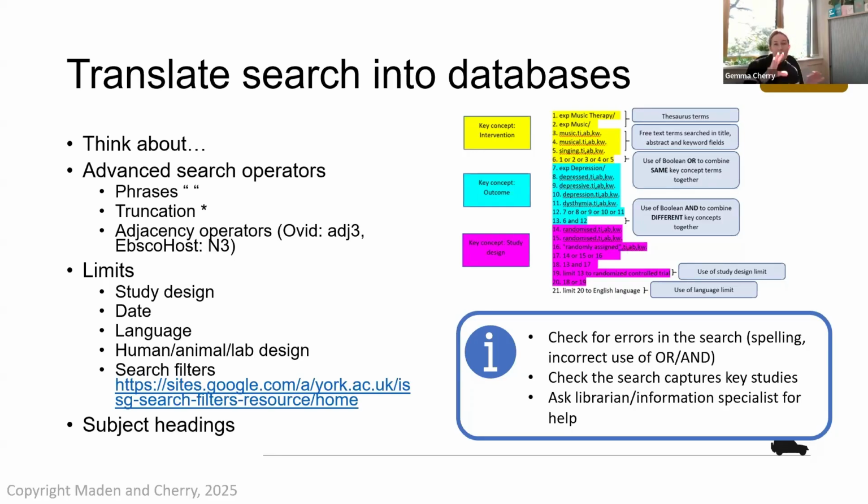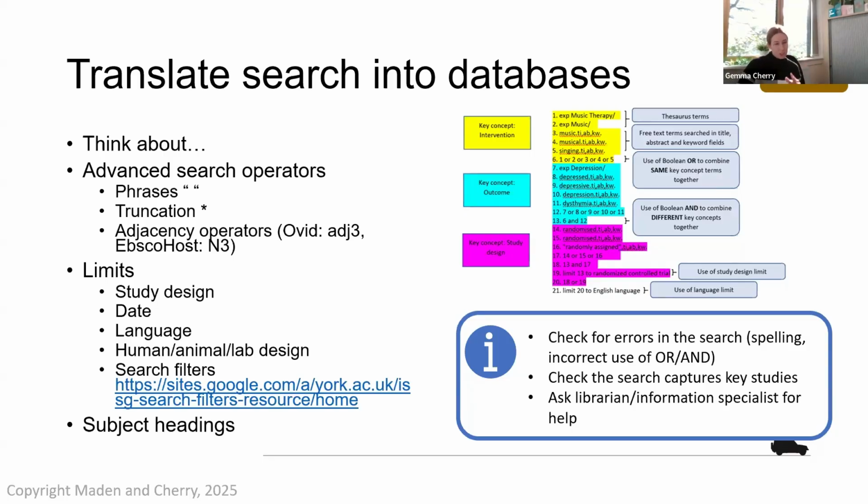You can use ADJ3, for example, to say, I want you to find these two words within 3 of each other. So adults who are older would be found with an ADJ if you have older and adults. If you're searching EBSCO, you can still use the same rule, but you need to use a different Boolean operator. You need N, so N3, near 3. It's all pretty complicated.